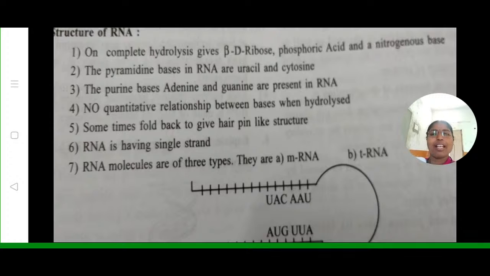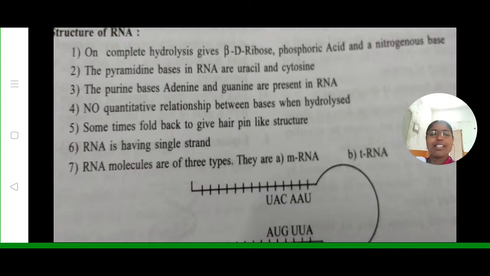There is no quantitative relationship between the bases when hydrolyzed. Sometimes it folds back to give a hairpin-like structure. The structure of RNA is given below. RNA is single stranded, whereas DNA has a double helical structure.